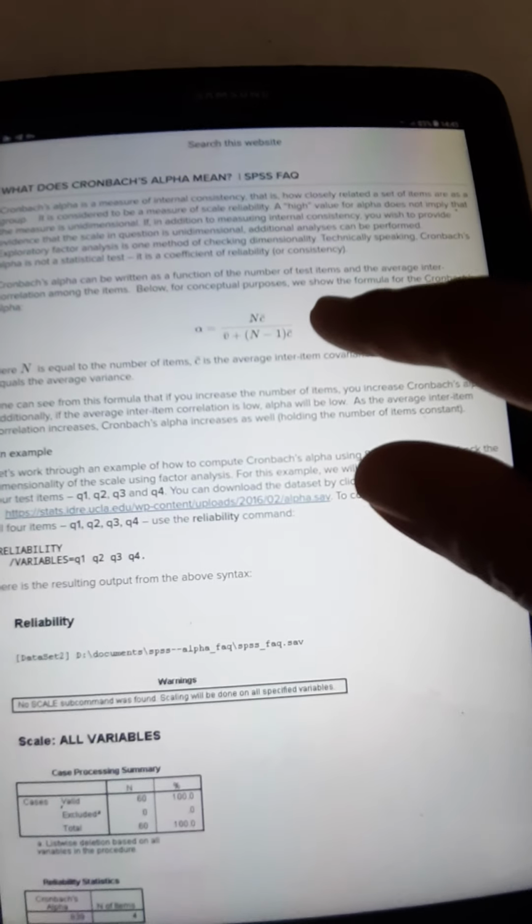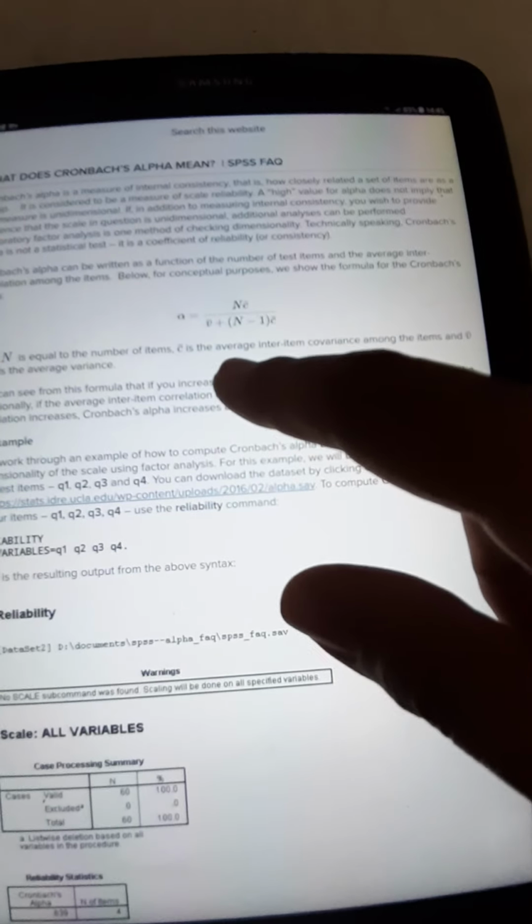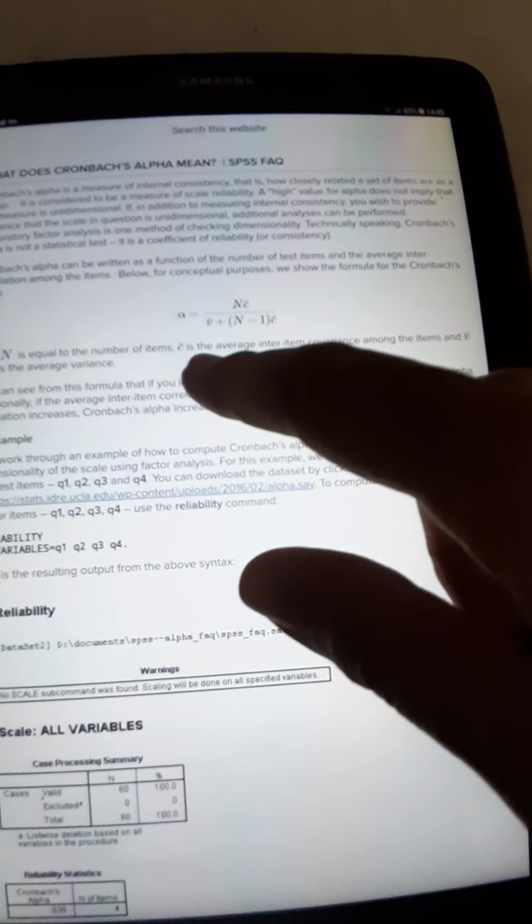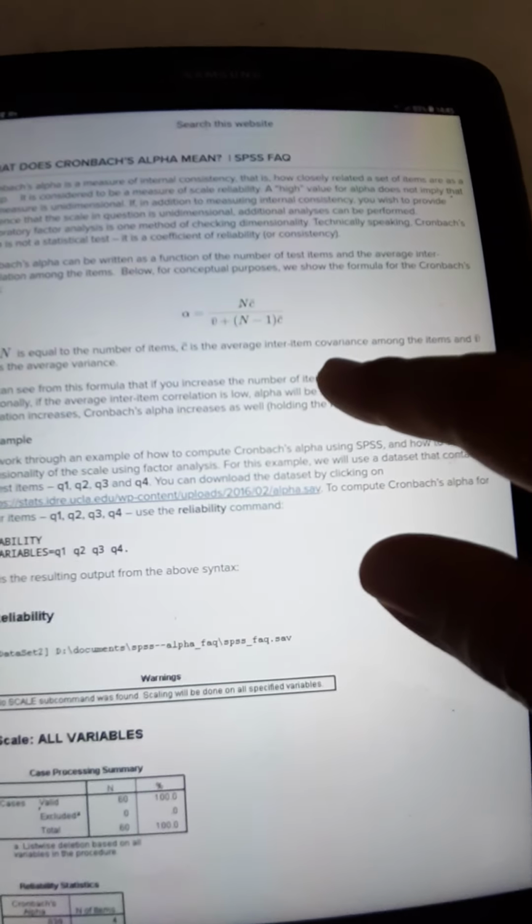Below, for conceptual purposes, we show the formula for Cronbach's alpha. In this formula, n is equal to the number of items, c bar is the average inter-item covariance among the items, and v bar is equal to the average variance.